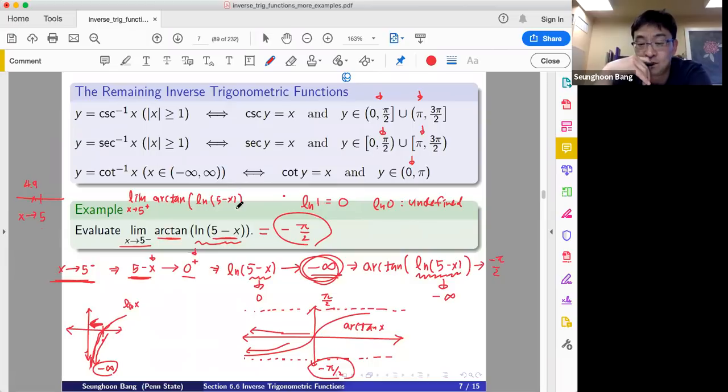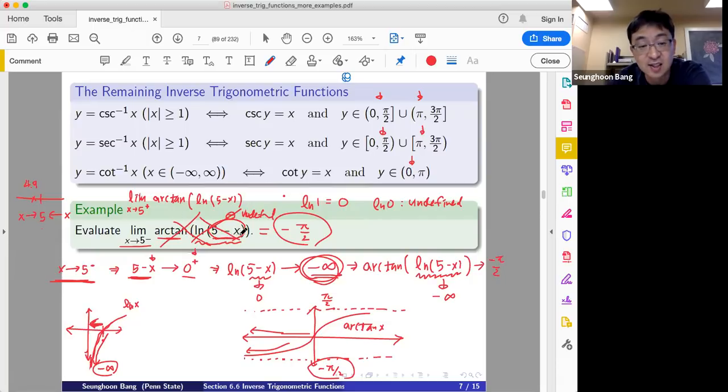Infinity, does not exist. So here, the x value approaches 5 from the right. What does it mean? 5 minus x is a negative number. ln of a negative number is undefined. For the ln function, it does not exist.